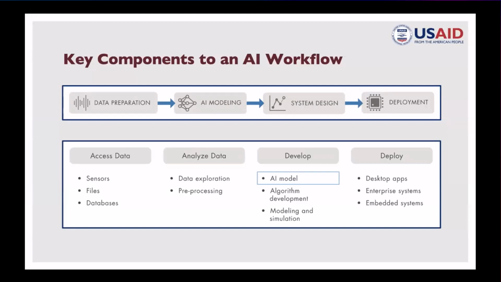Okay. So the second component is the modeling itself. So this is where we try to analyze the data. Analyze in the sense that for machine learning, for example, we are trying to see what's the behavior or trend in the given data set.